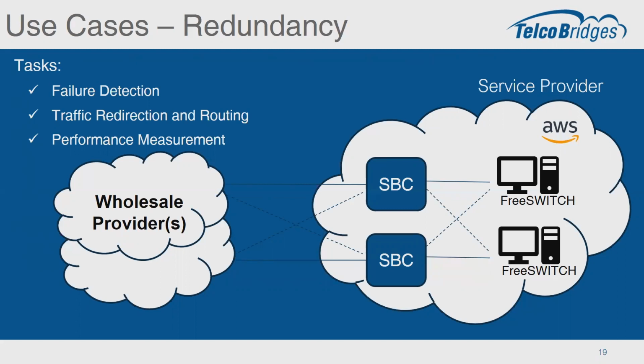What that gives them, with those dotted lines, is fully redundant failover paths, so that if either an SBC or a FreeSWITCH were to crash, the traffic can be rerouted, continuing to operate with either SBC or FreeSWITCH server, providing very high reliability for the services they're offering to the end customers.